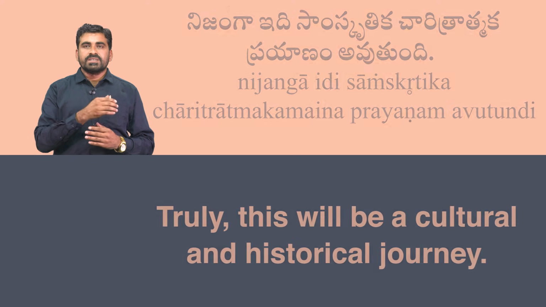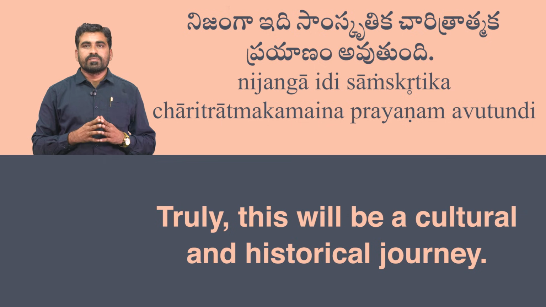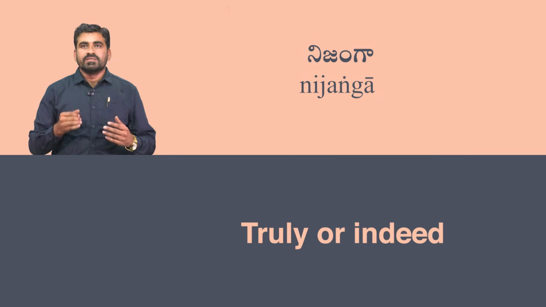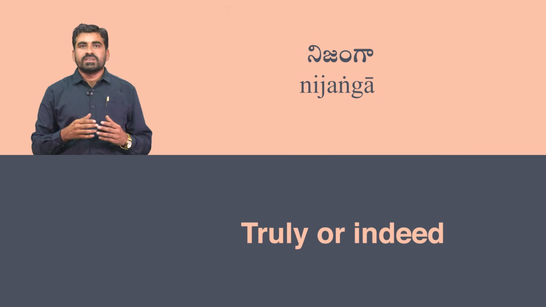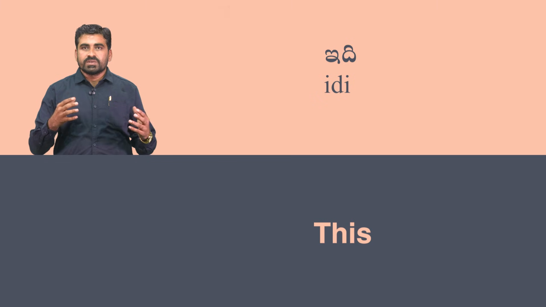The sentence నిజంగా ఇది సాంస్కృతిక చారిత్రక ప్రయాణం అవుతుంది is a declarative sentence expressing a statement about the nature of a journey. The adverb nizanga means truly or indeed, emphasizing the certainty of the statement. The pronoun idi serves as the subject, meaning this, referring to the journey.